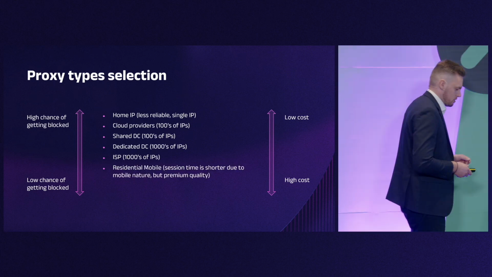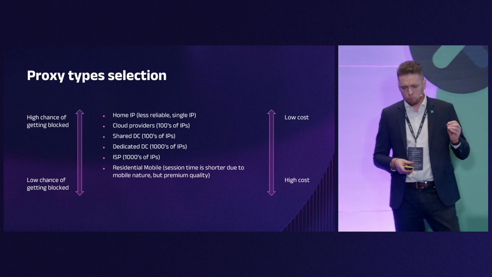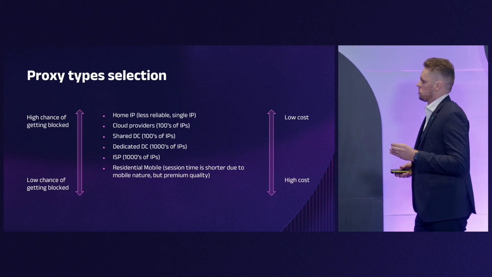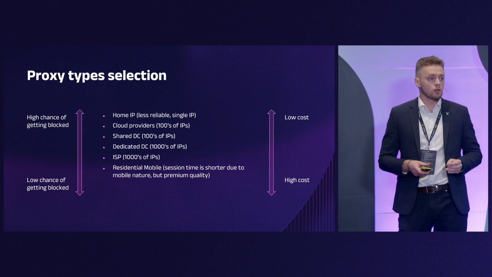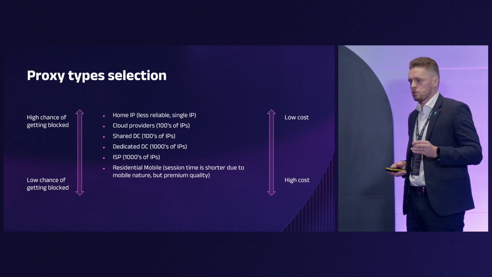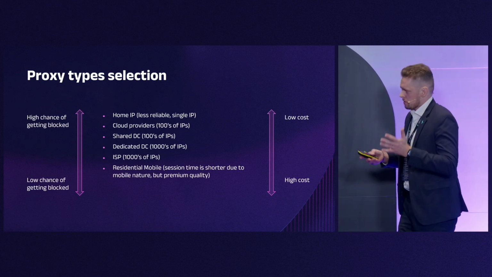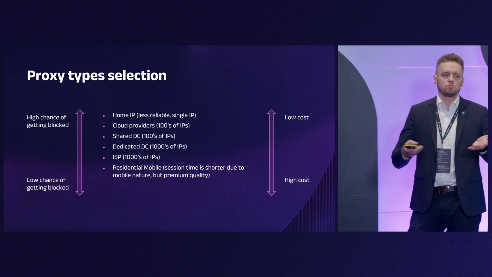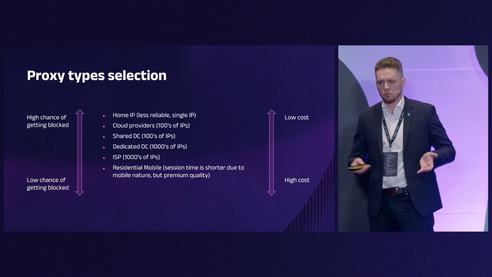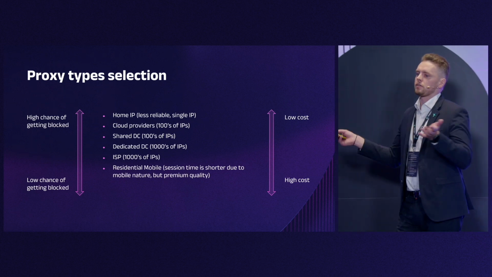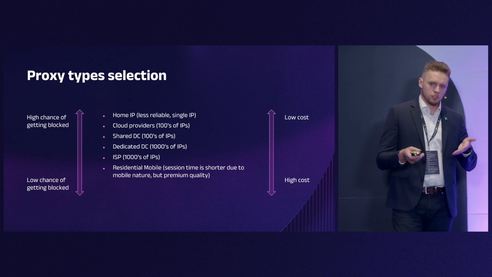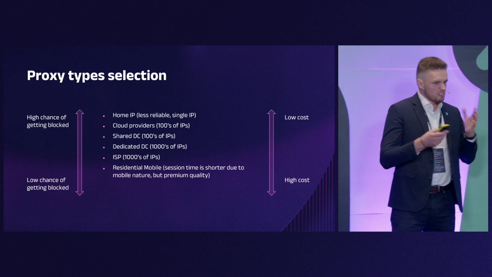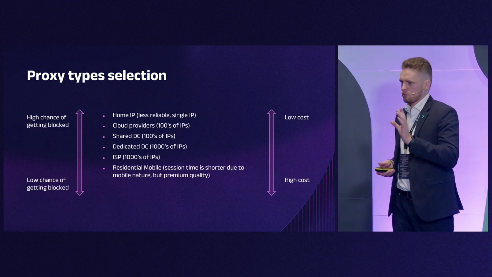And then we are stepping into a more expensive range with residential mobile proxies. For sure, it gives you a high success rate, but it has this nuance. It's a mobile device. You cannot trust that it will always be online. It constantly drops sessions, and it drops and changes address. It's a nuance, but it gives you great success.